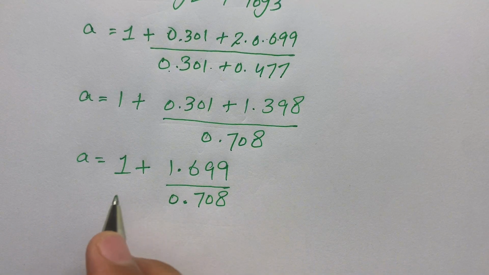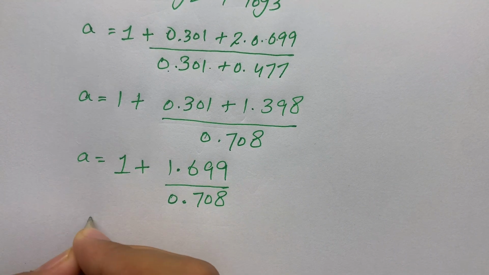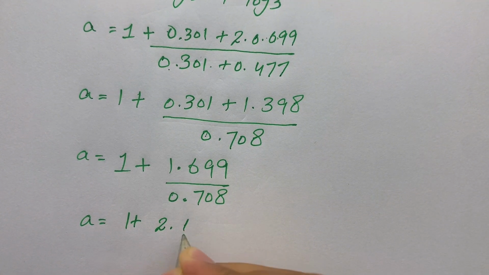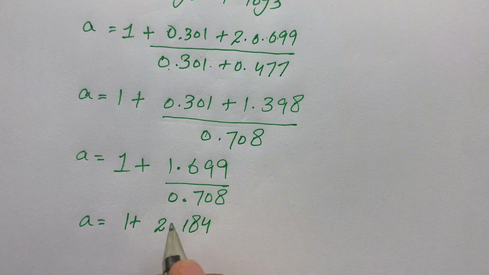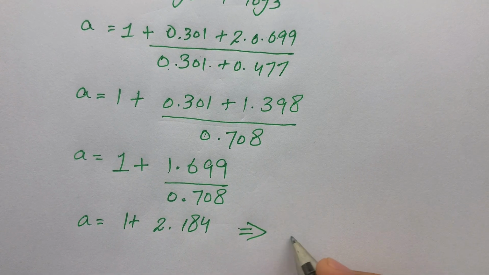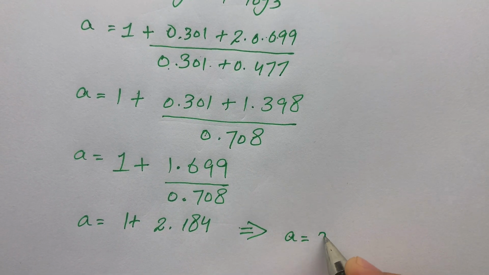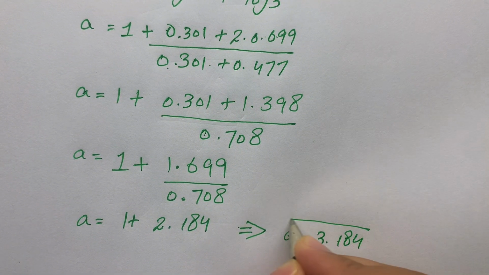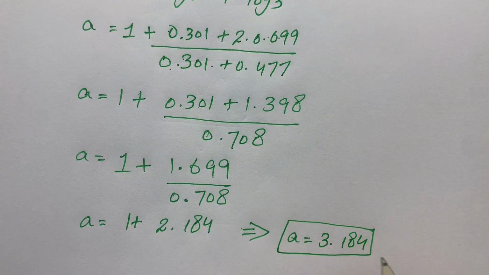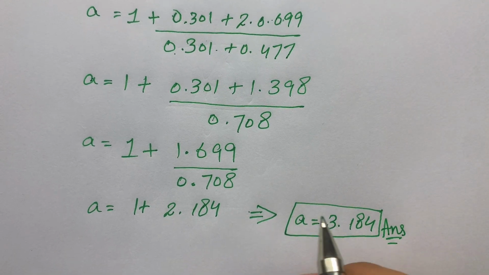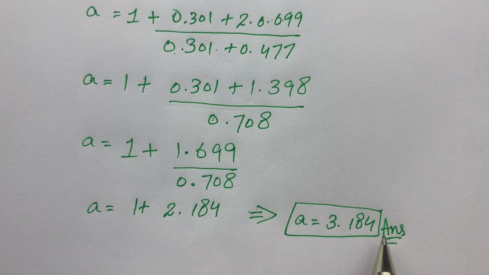After dividing this, we get a is equal to 1 plus 2.184. So 1 plus 2.184 gives a is equal to 3.184. This is our answer to this mathematical problem.